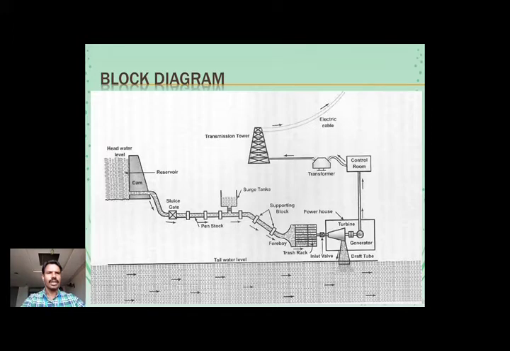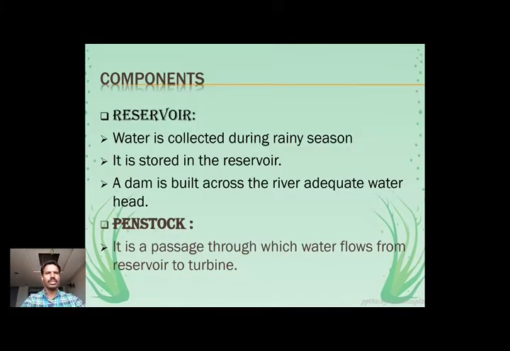Then control room, transformer, which converts low-level to high-level power, and then transmission tower. These are all commonly built into a hydroelectric power plant. Let us discuss each and every component.